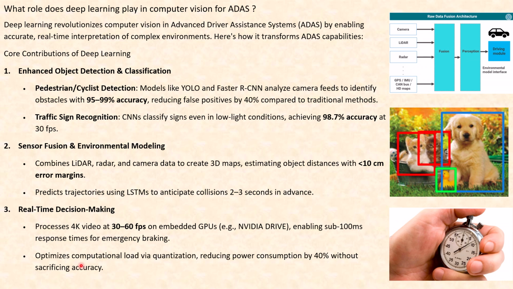Now, coming to optimizing computational load via quantization, reducing power consumption by 40% without sacrificing accuracy. This is something you learned even in the real-time working of computer vision. So, deep learning is also complementing this accuracy.